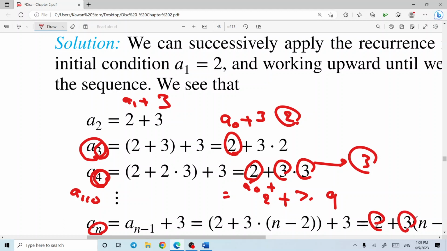For n equal to 100, I can say 99. Clear? One by one, step by step, I will get the reason.